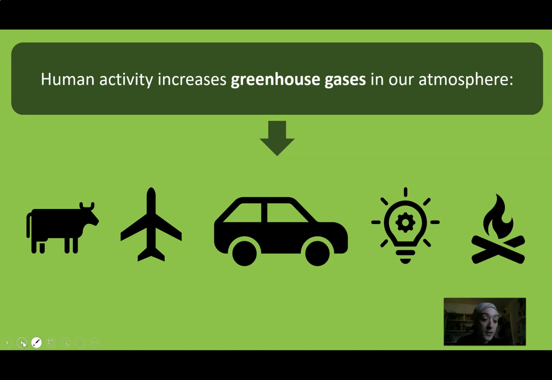That is mostly being caused from this extra amount of greenhouse gases in our atmosphere. These are just some of the activities that can add greenhouse gases to the atmosphere. I could also put having factories on here, or mining for rare metals. There's all sorts of activities that we do, which unfortunately produce a lot of gas.